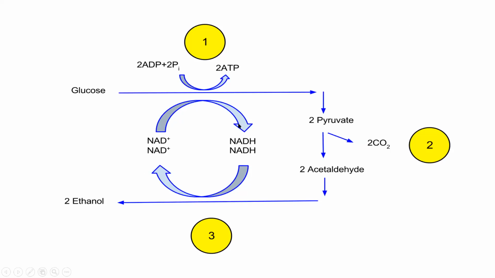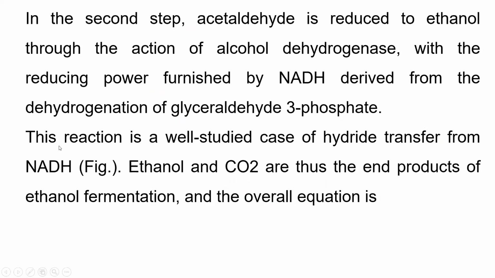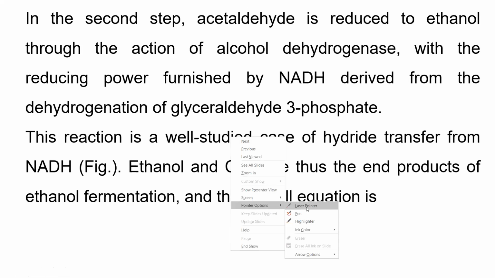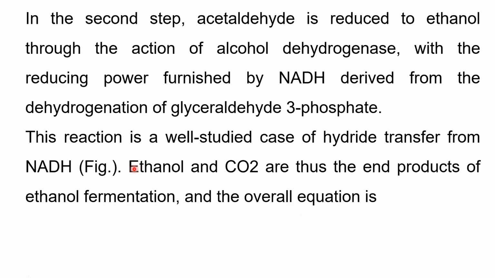So from here you are getting the reduced NADH, and this NADH is utilized by this alcohol dehydrogenase enzyme, so that it will convert acetaldehyde into ethanol. This reaction is well studied in the case of hydride transfer from NADH. I will show you in the next figure.